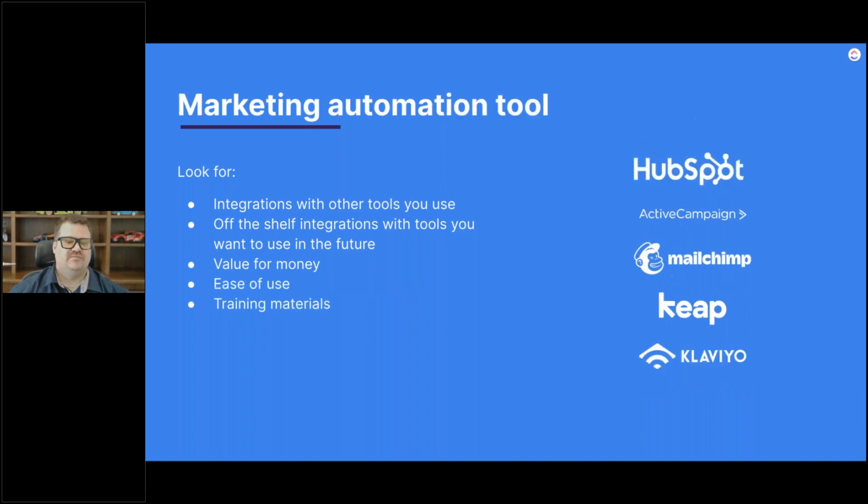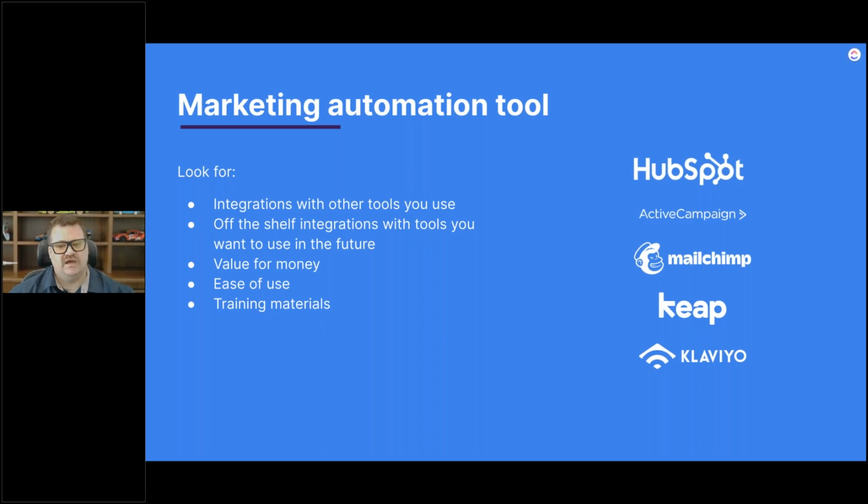So the next tool that we need to look at here is your marketing automation tool. You might pick up a common thread here, but you need to look for integrations with the other tools that you use. So if you're going to invest in a CRM, you want a CRM that will connect in with your marketing tool. And connect in well, not just sort of stick together and sync a little bit of data.